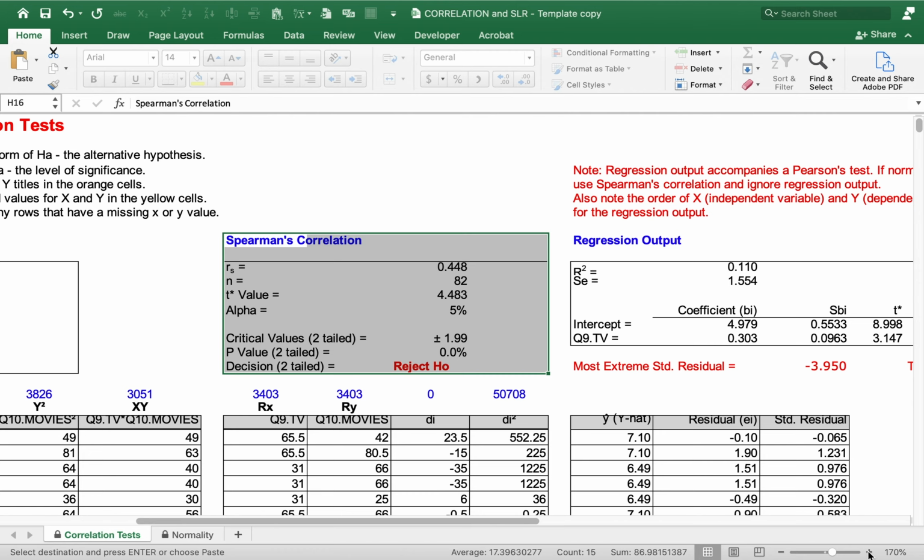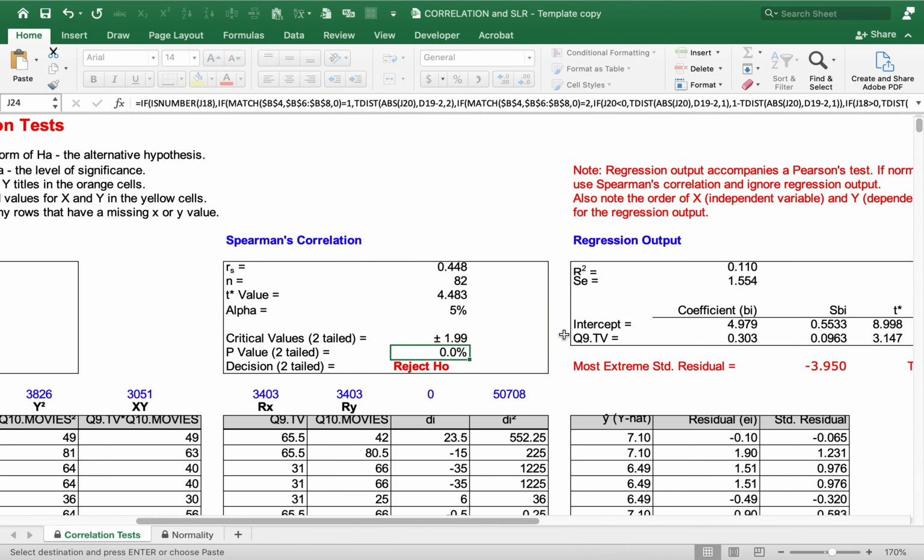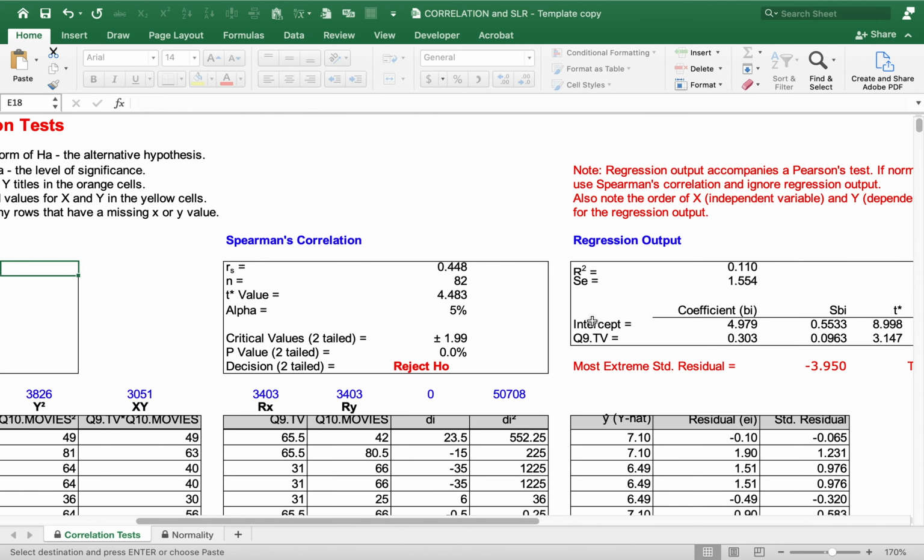And this says that we reject H0 due to a p-value which is quite low, and our Spearman's correlation is 0.448. It is a positive correlation, so there is a positive relationship between the ratings that people give movies and the ratings that they give TV. So that is that particular problem.